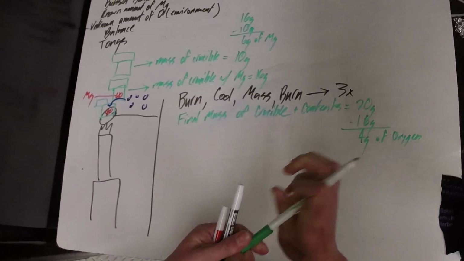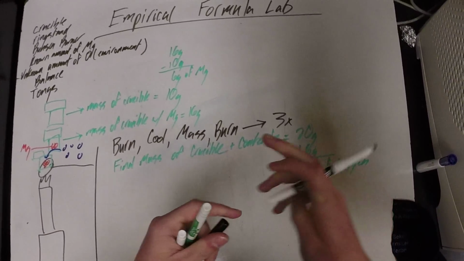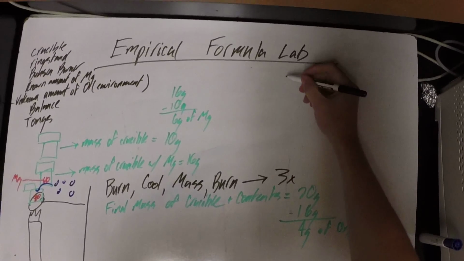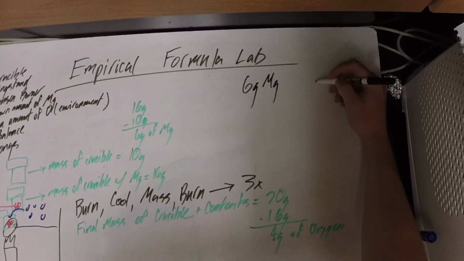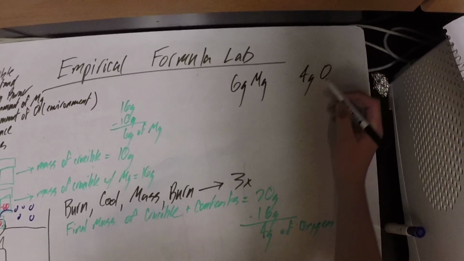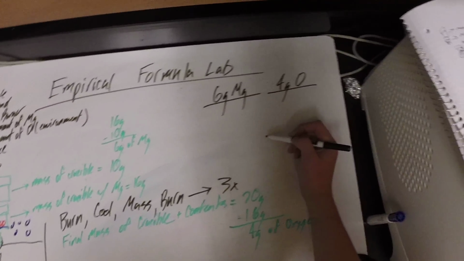Alright, now that you know your amounts of Mg and oxygen, you'll take the 6 grams of Mg up here and the 4 grams of oxygen, and you're going to divide those by the masses on the periodic table.